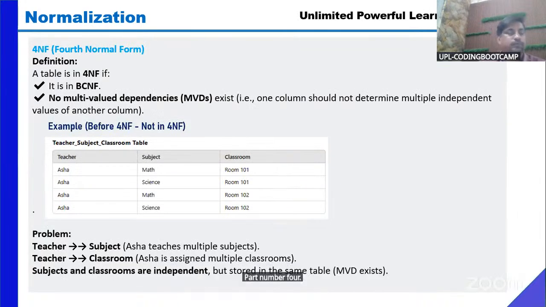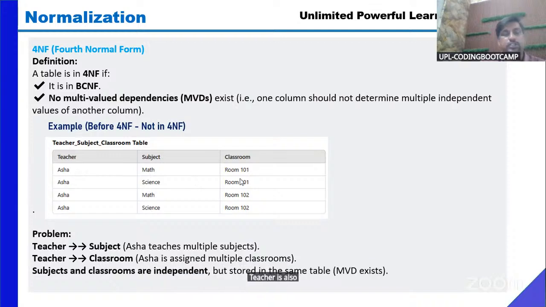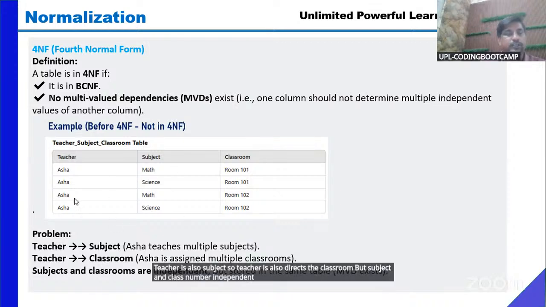And fourth normal form is talking about multi-valued dependencies. First it should be BCNF, then no multi-valued dependencies. Here, teacher determines subject, and teacher determines classroom. But subject and classroom are independent yet stored in the same table.